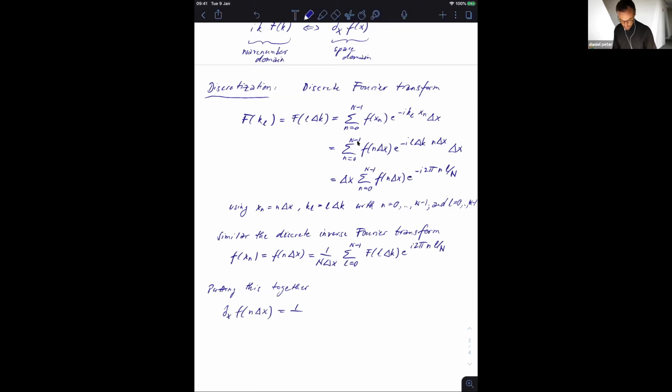So let's write n delta x. Then we have the sum over l to N minus 1.